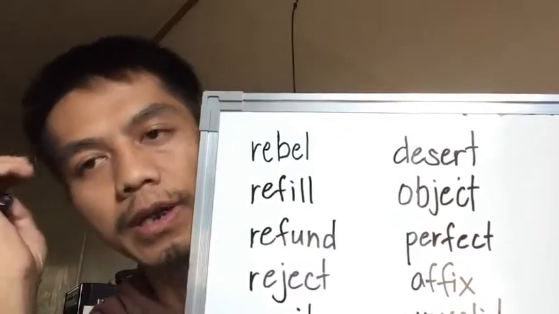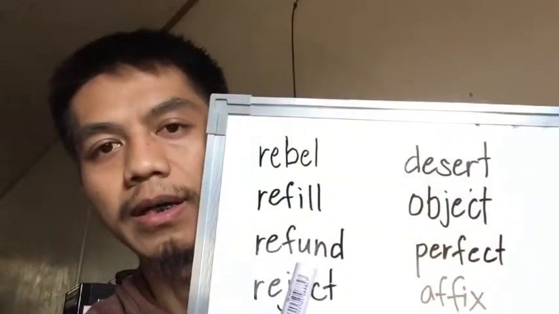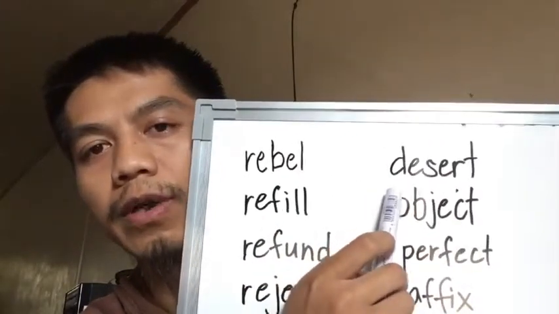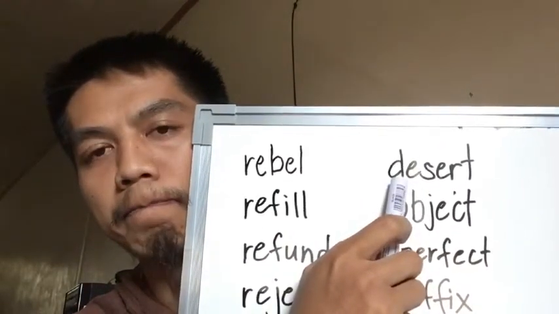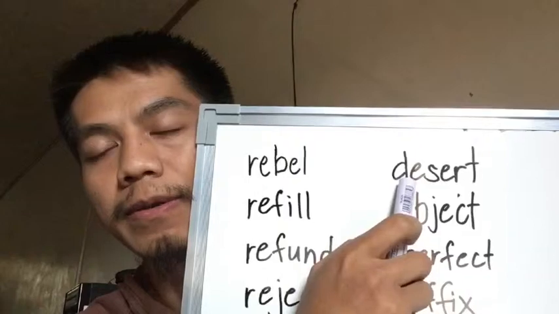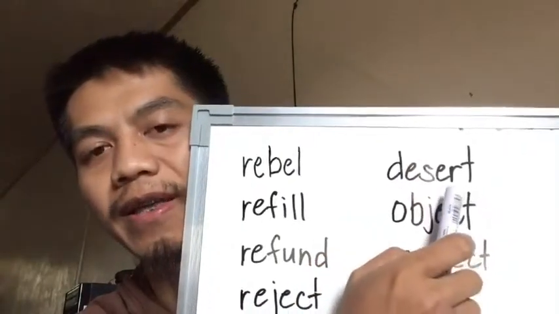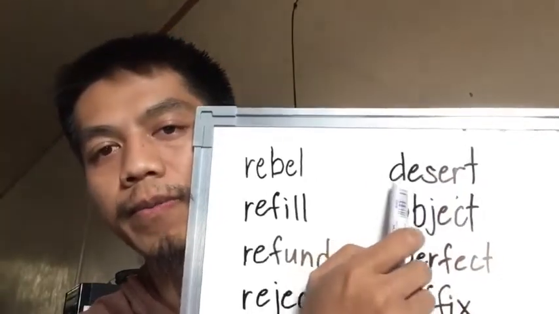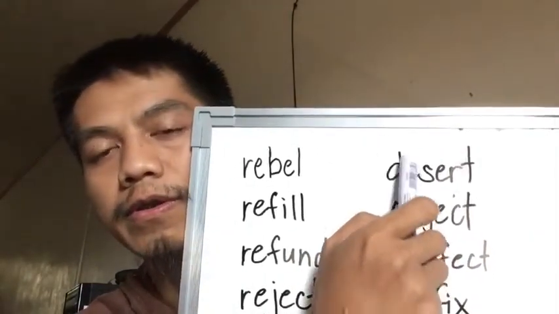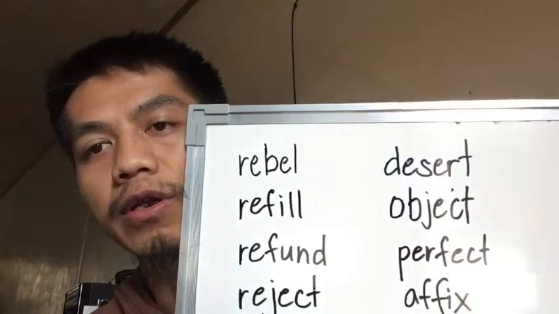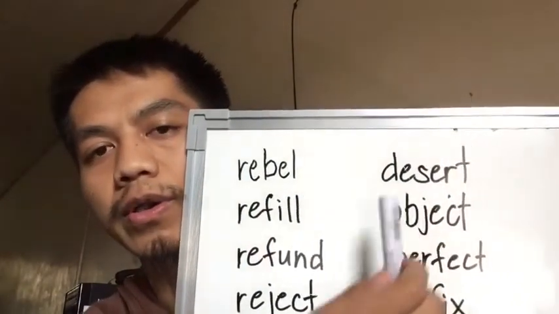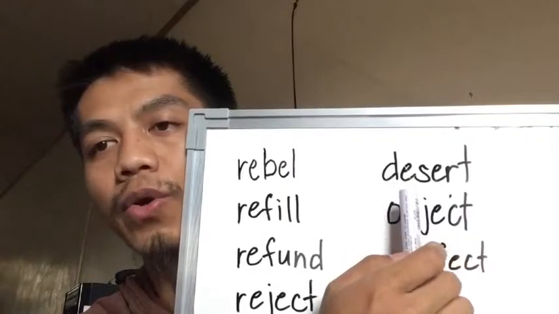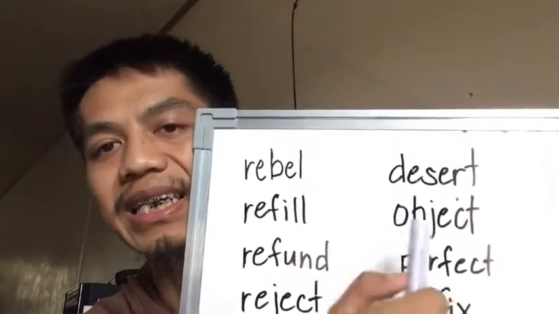So when you say dessert, as you noticed, the first syllable is short and the second syllable is long. The first vowel is converted into a short syllable, the short e sound.